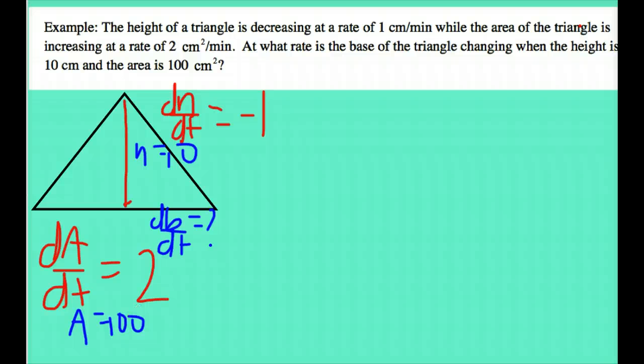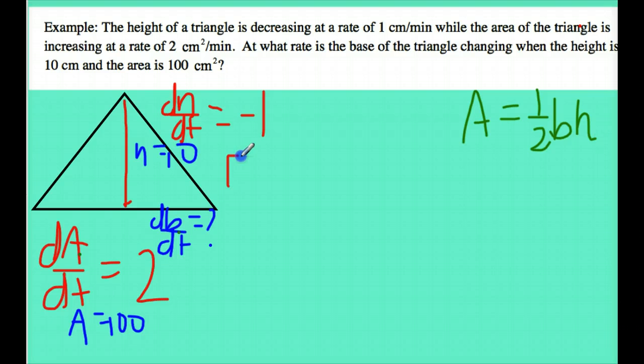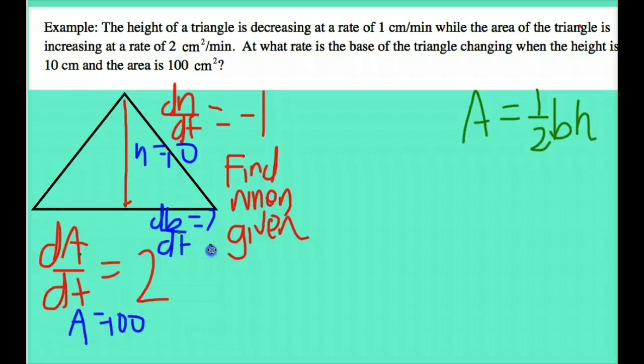So let's figure out what equation deals with area, a base, and a height. Well, you should say area is equal to 1/2 the base times the height. Let's do our find when given. It says, at what rate is the base of the triangle changing? So we actually labeled this right here. I need to know when the base is changing.